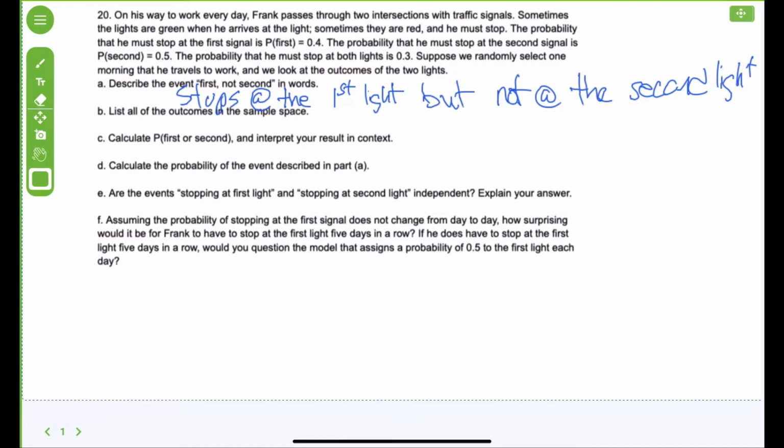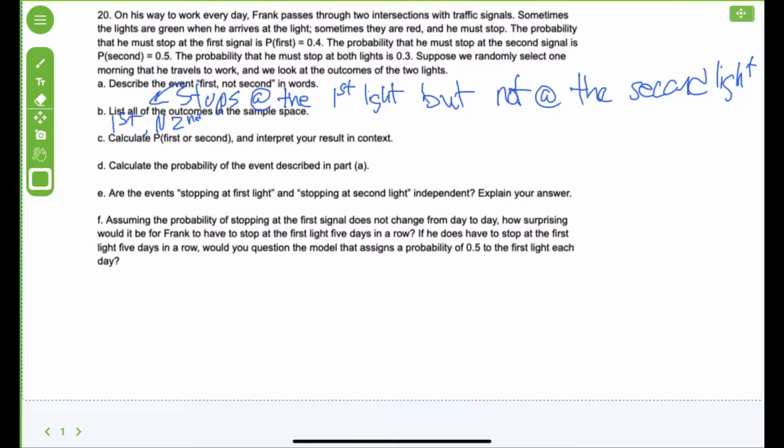Okay. So basically what is all the possible combinations of stopping or not stopping at the lights. Remember, if we just say first, that means he's stopping at the first. So we would say stopping at the first, but not, let's just say, not the second. Okay? That would be what we set up here.